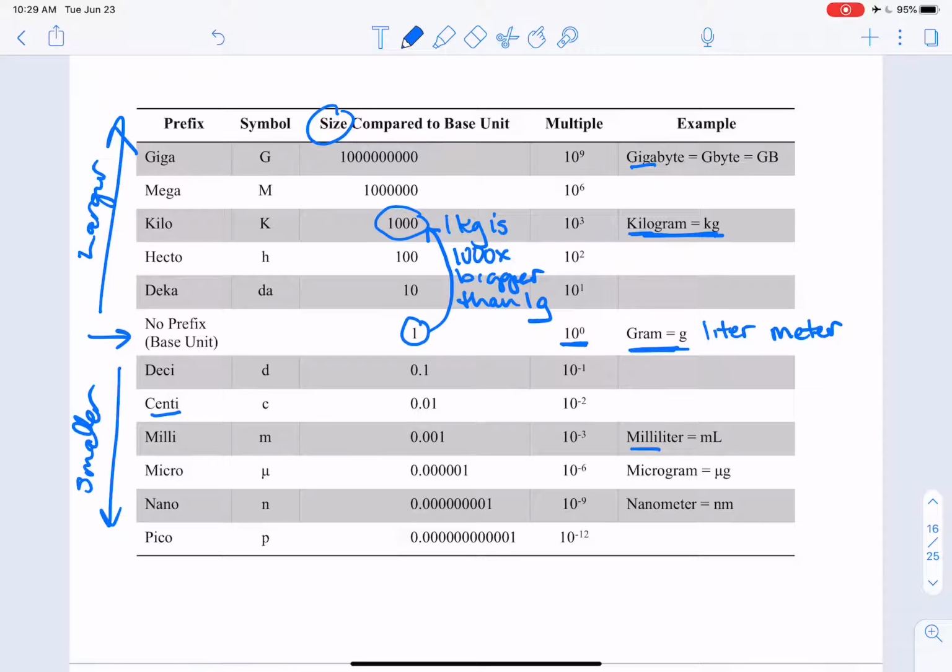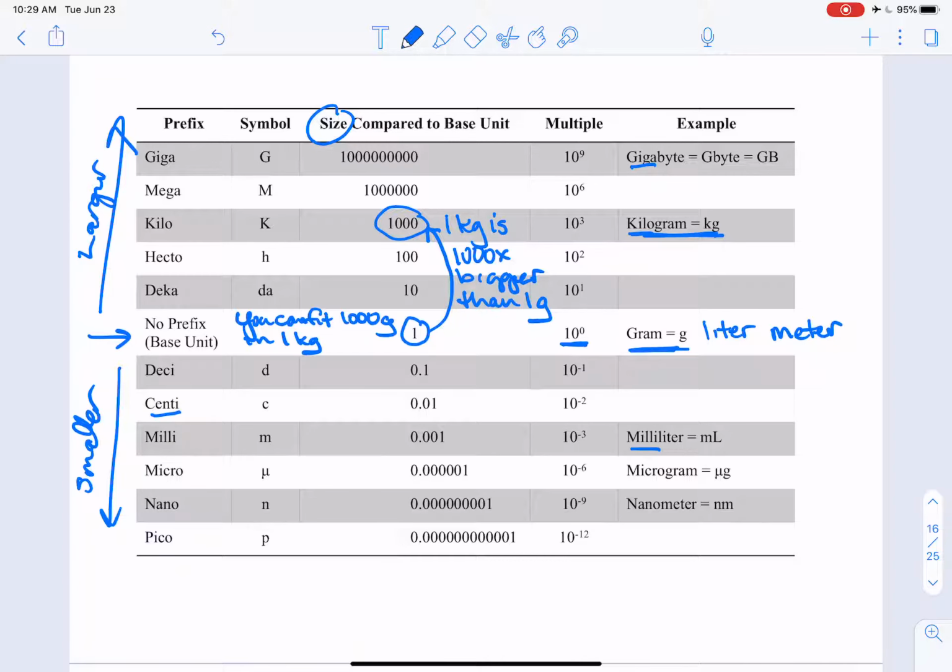So what this is also telling you is that you can fit 1,000 grams in 1 kilogram. So that's what it's also saying.